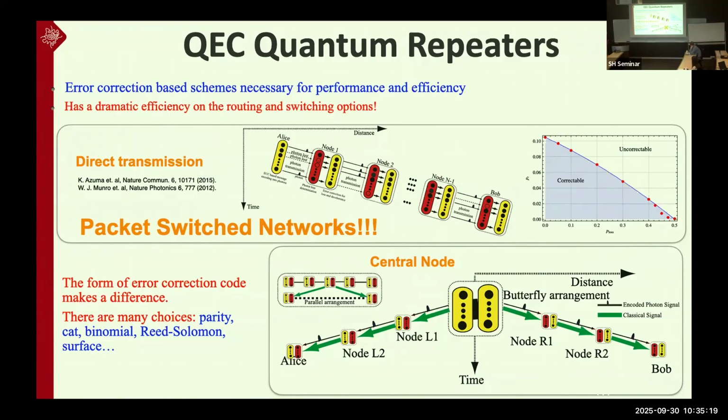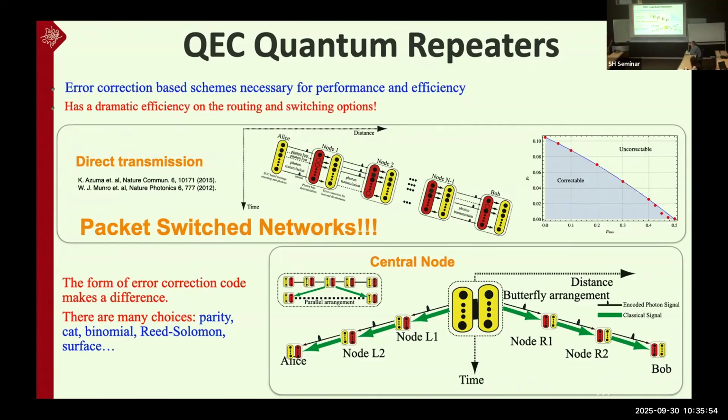But once we have that, when we think about the first generation repeaters, they are schemes to do entanglement distribution. They have to create an entangled pair between two arbitrary points. When you move to second and third generation, do I have to encode half a Bell pair here?